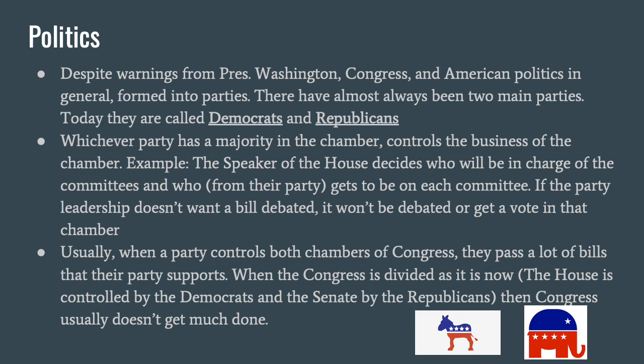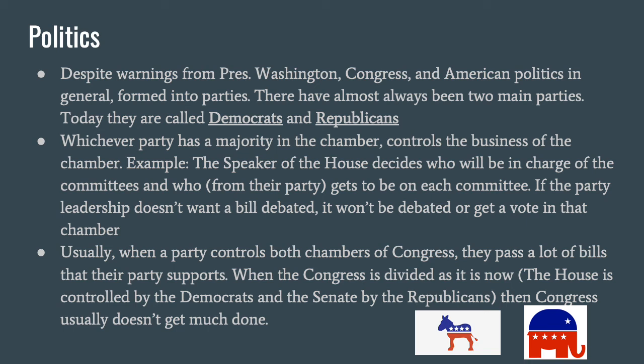So our founding fathers didn't really believe in political parties. They saw them as dangerous. Nevertheless, by the 1830s, we had organized ourselves into political parties, and those parties evolved into the modern Democratic and Republican Party. The way that that impacts the legislature is that whichever party has the greatest number of seats in that chamber, the House or the Senate, then that party controls that chamber, and that party's priorities and values are the ones that get emphasized.